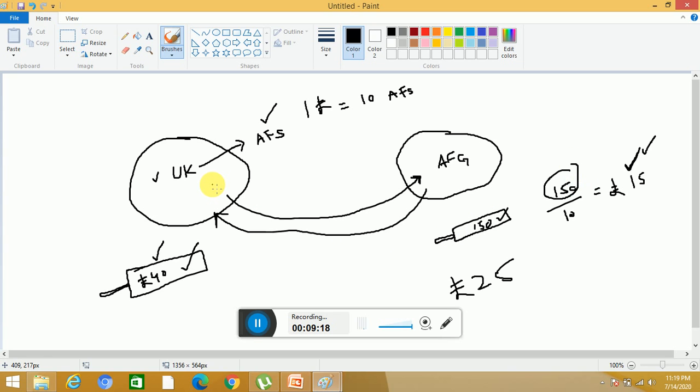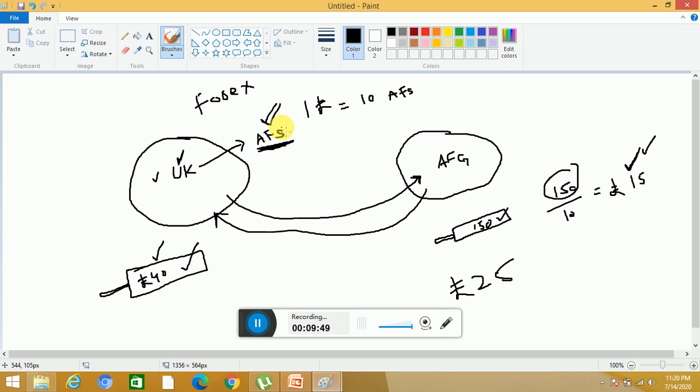Now what will happen because of this? When UK people convert their UK pounds to Afghanis, the demand for Afghanis in the forex market will increase. Why? Because they are converting UK pounds to Afghanis. So Afghanis will become more valuable.